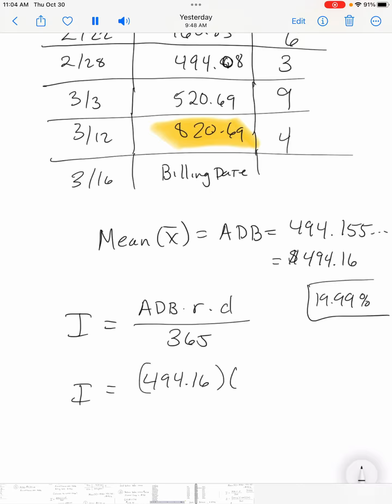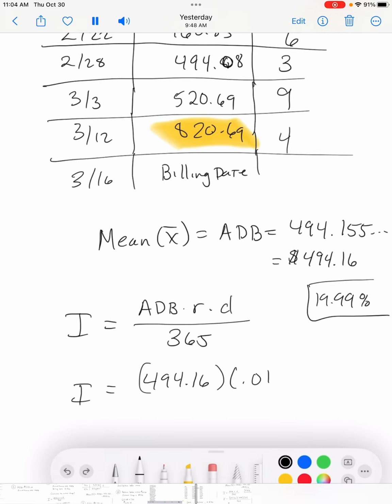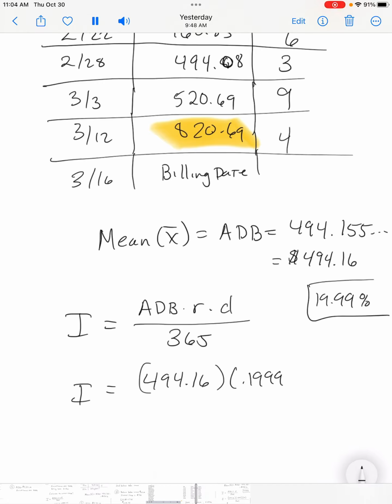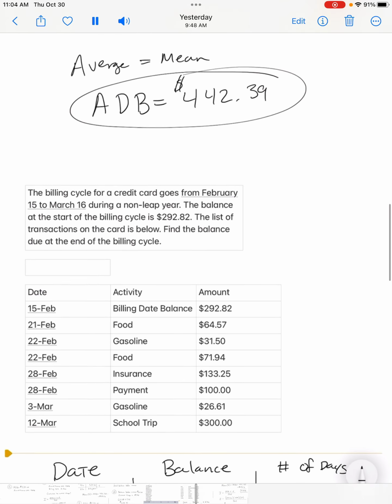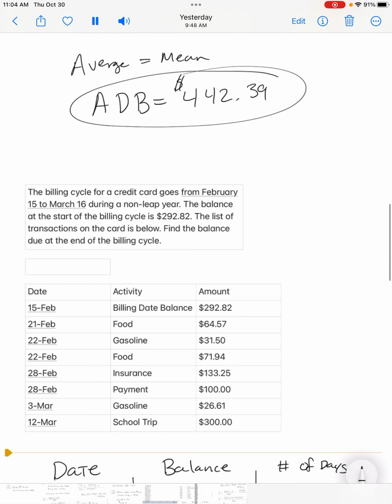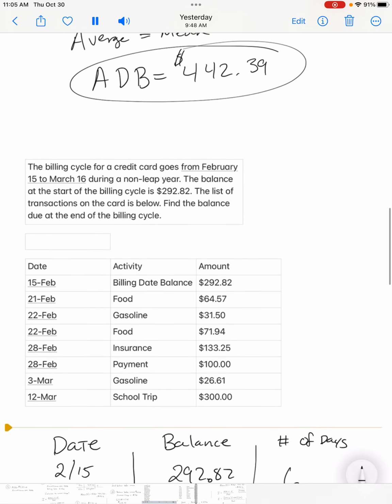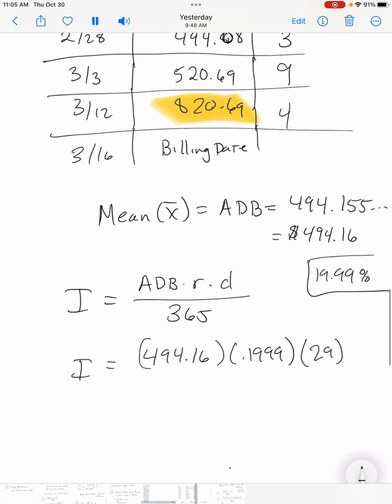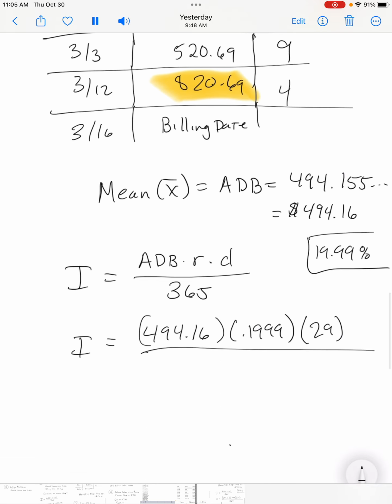The rate is not 0.01, so let me go back. You've got to move it twice. So it's 0.1999. Number of days: there were 29 days. It'd be 28 days if they went from the 15th to the 15th, but we're picking up an extra day. So there's 29 days, and the bottom number is always 365 to make it a daily rate.